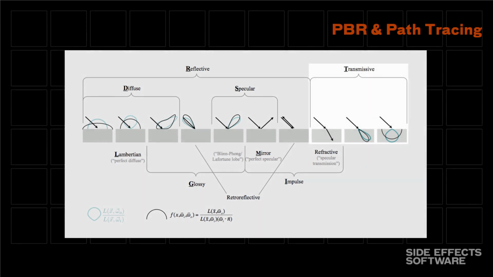And on towards the right-hand side are transmissive BSDFs. And so the BSDF can also model reflection within the plane and below the plane of the surface. And so you have a very similar shape in terms of the Lambertian and specular lobes. It's just that they're happening on the backside of the surface, if you will.